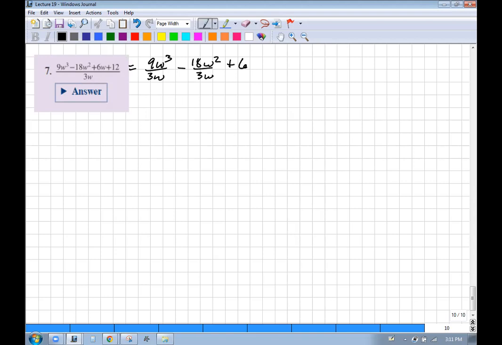We have a 6w over 3w, and we have a 12 over 3w. 9 over 3 is 3. W cubed over w is w squared. 18 divided by 3 is 6. We have an extra w on top. 6 over 3 is 2. The w's cancel. 12 over 3 is 4. And we have a w on the bottom. So we don't have to use long division there.